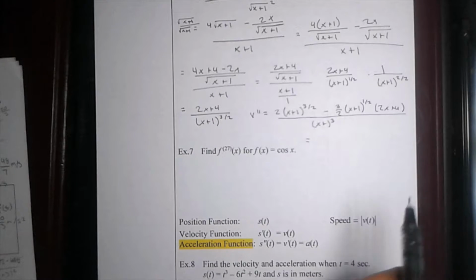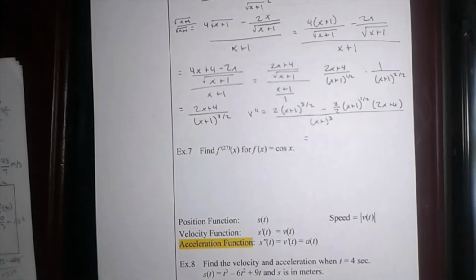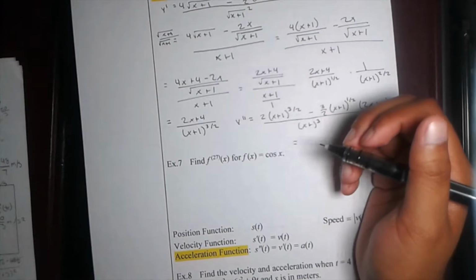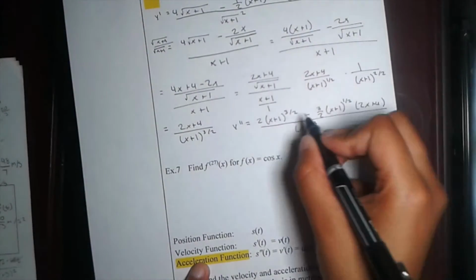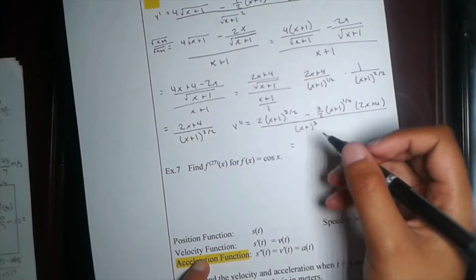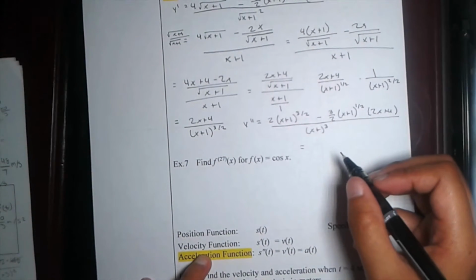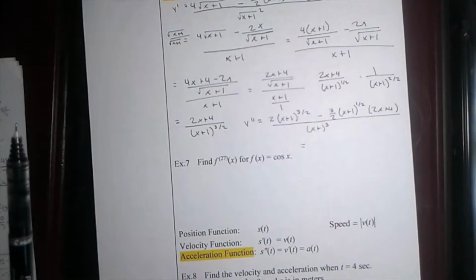So what you can do, if you notice, if you're looking at both sides, you could see they both have an x plus 1 to the 1/2 power. You can factor that out.